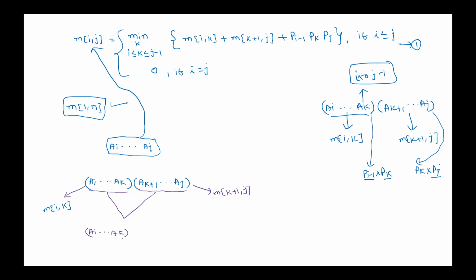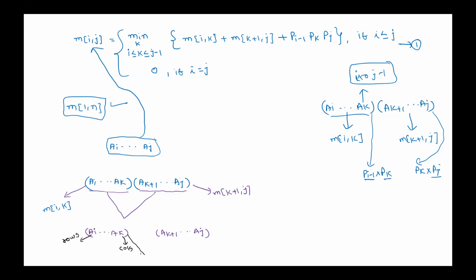The number of rows here and the number of columns here, that becomes the order of the Ai to Ak matrix.